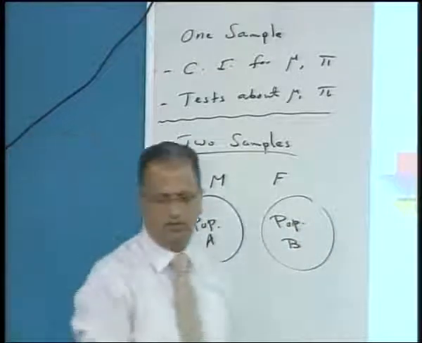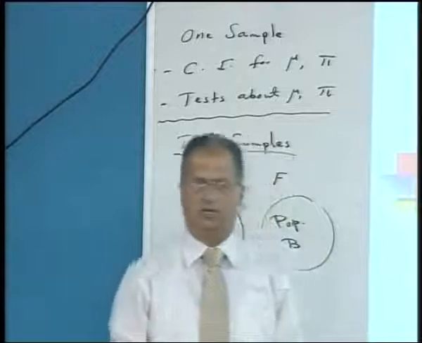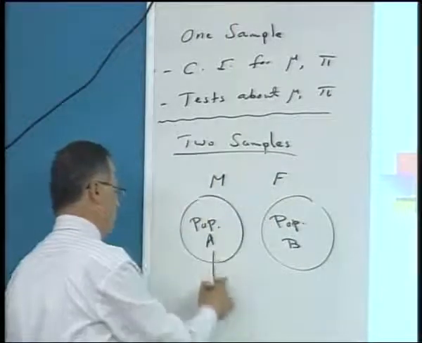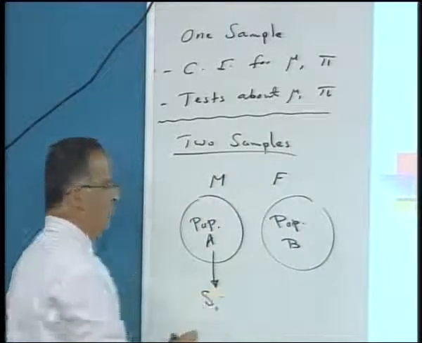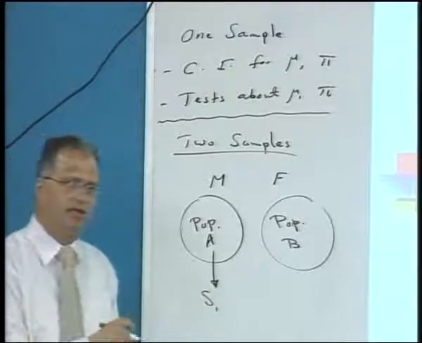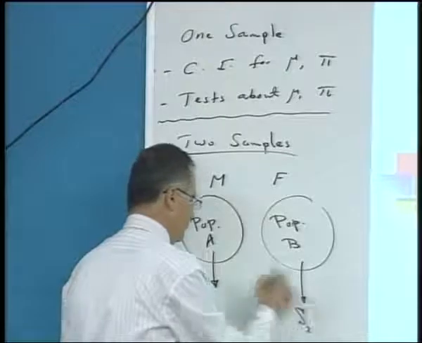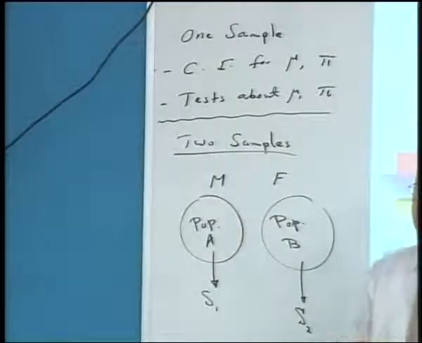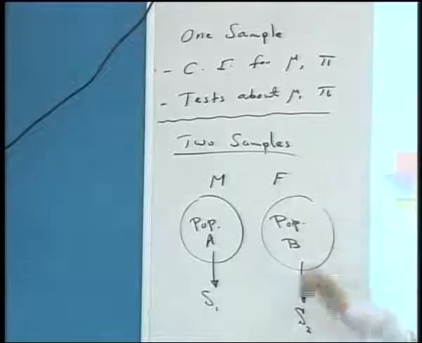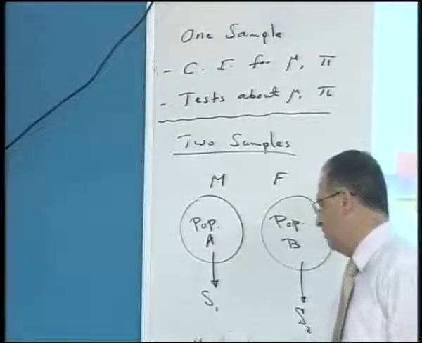For example, suppose we select a random sample from the first population and another sample from the second population. The goal is how we can construct a confidence interval for the difference between mu1 and mu2.